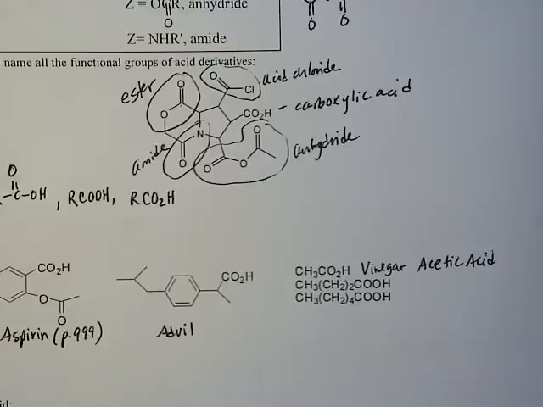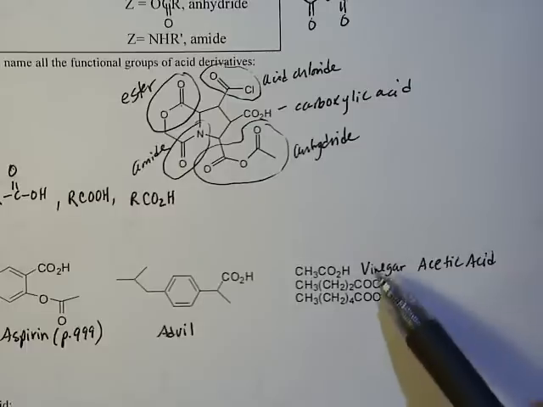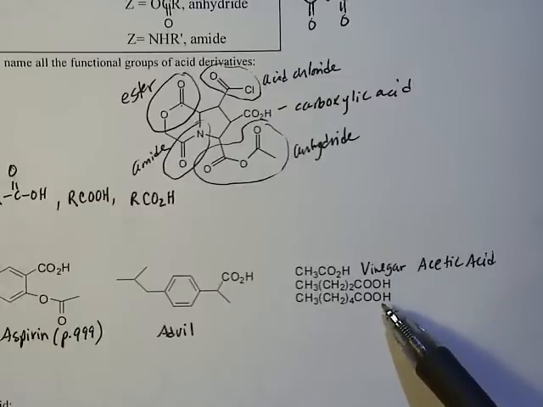The one below that is butyric acid, because it's got 4 carbons, and that is what's responsible for the sour smell when butter spoils. And vinegar, as you know, has a pretty potent smell. So that smell kind of continues in these liquids.